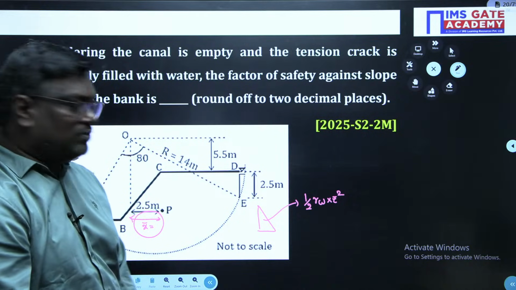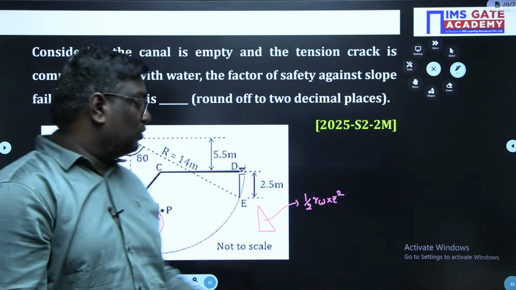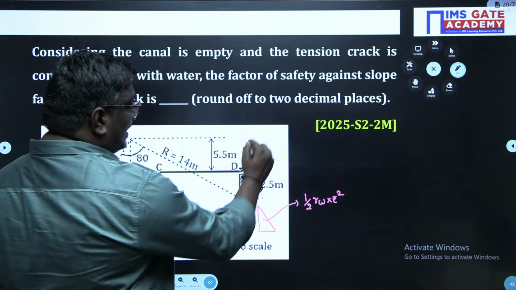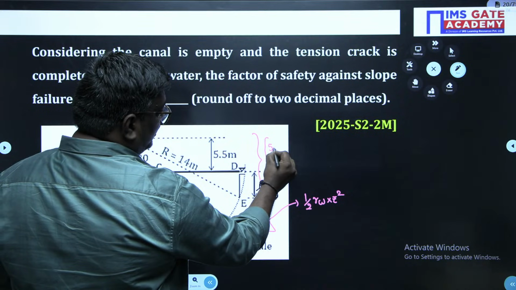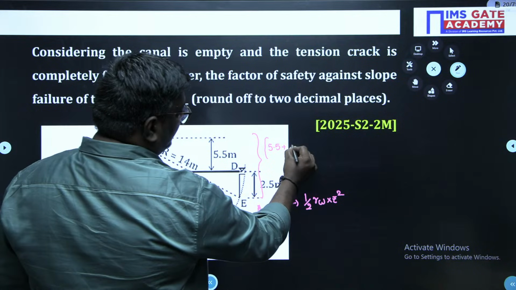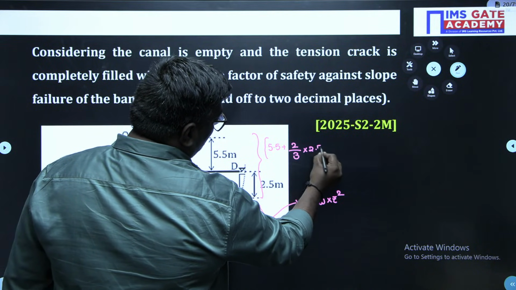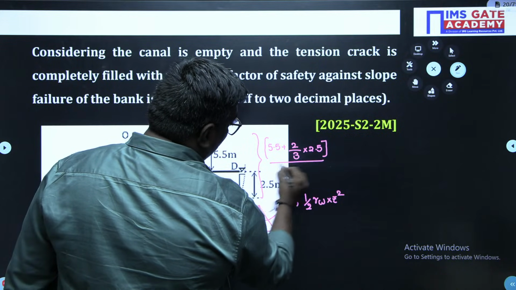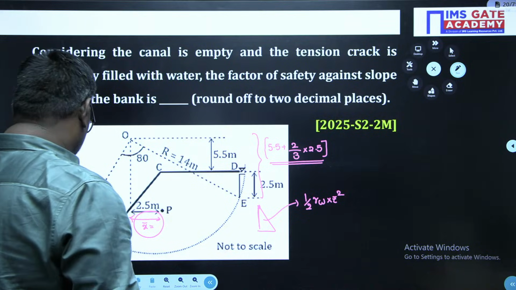Because vertical stress will be taken as gamma W into Z, the area of the pressure diagram is nothing but the force. The centroid distance will be 5.5 meter plus, from apex, 2/3 of height, so 2/3 into 2.5. And the depth is 5.5 square.